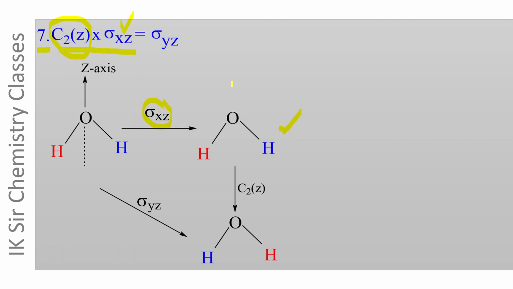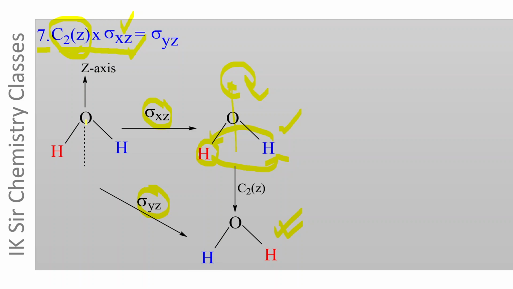If this H2O molecule is rotated about Z axis by 180 degrees, this red colored hydrogen atom will come to this position and this blue colored hydrogen atom will come to this position, and the net result is given here. This net change of two symmetry operations, sigma xz and C2z, can be carried out by only one symmetry operation, sigma yz.